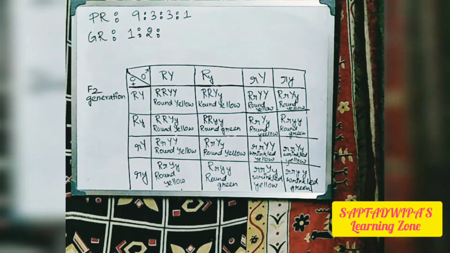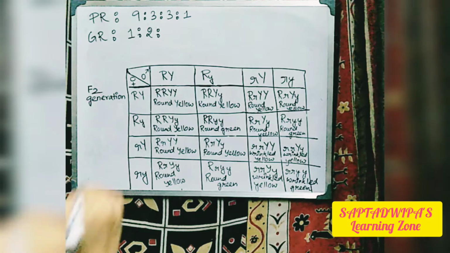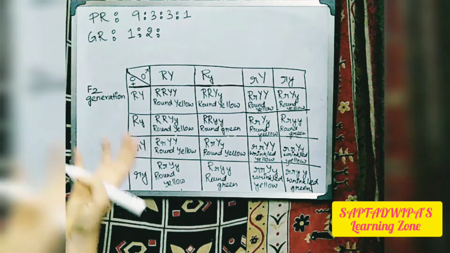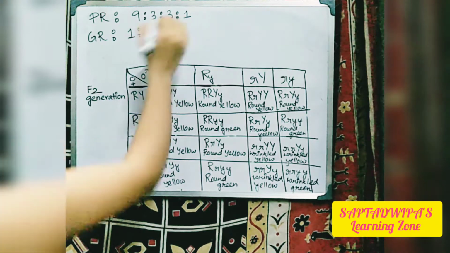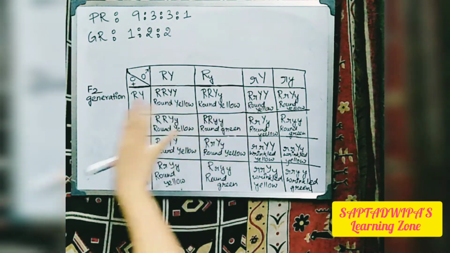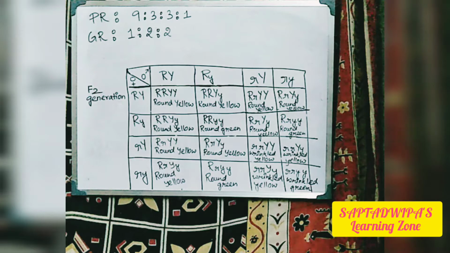So then we can say that 1:2 is the ratio. So 2 I'll write, because we are getting that 1 here itself.